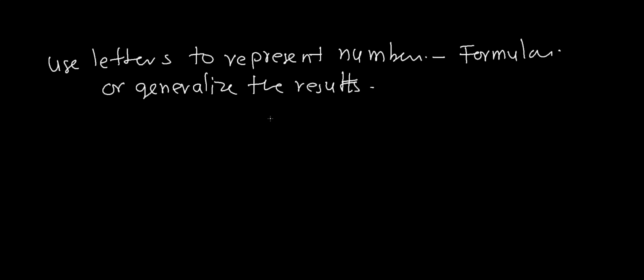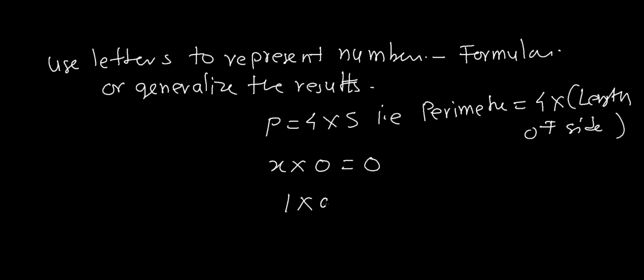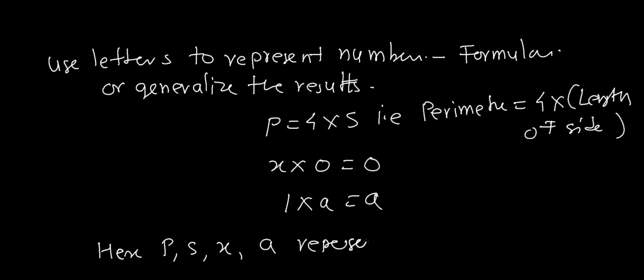So like P is equal to 4 into S, where that is perimeter equal to 4 into length of side, then x into 0 is equal to 0, 1 into A is equal to A, and all these letters P, S, x, A actually represent numbers.